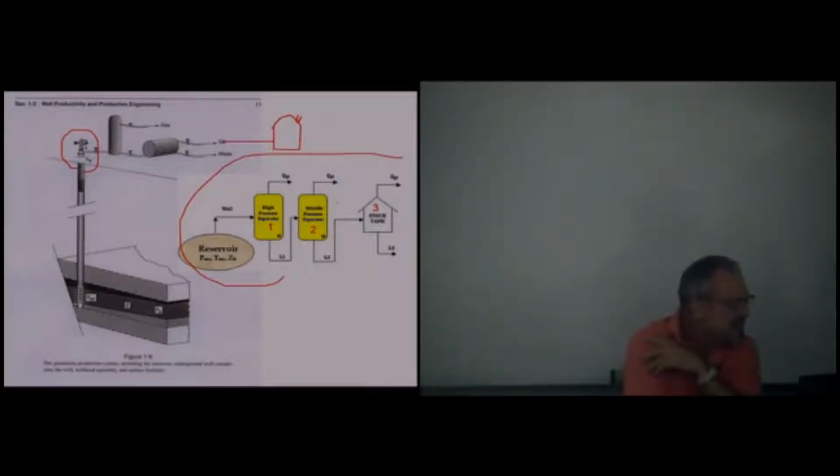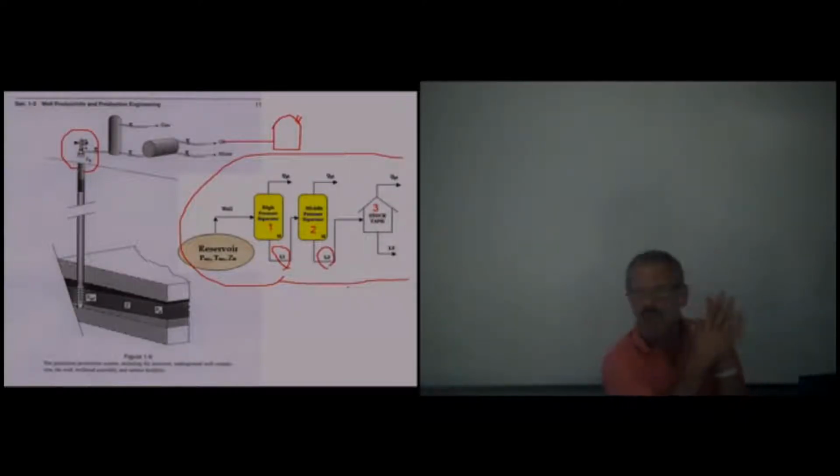I like this drawing because it uses the same numbering system that our textbook uses, which means it's going to go to a high pressure separator, and then usually the water and oil are not separated at a very high pressure.